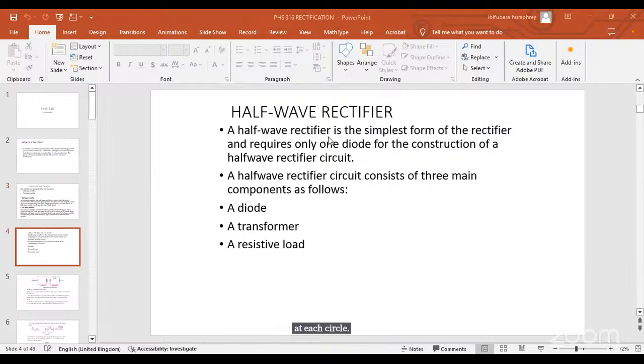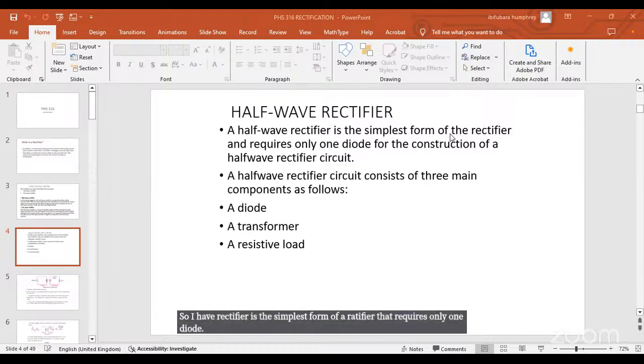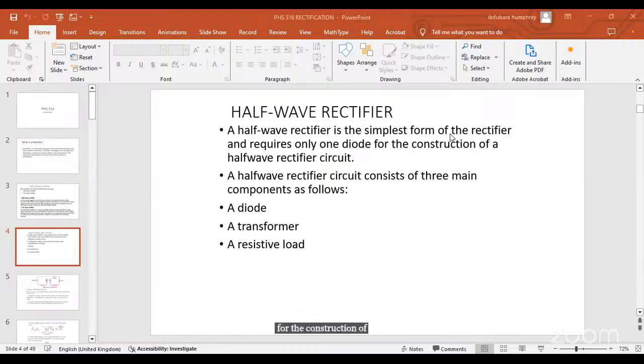A half-wave rectifier is the simplest form of a rectifier that requires only one diode for the construction of such a rectifier circuit. The components that we need are basically three: a diode, a transformer, and a resistive load.